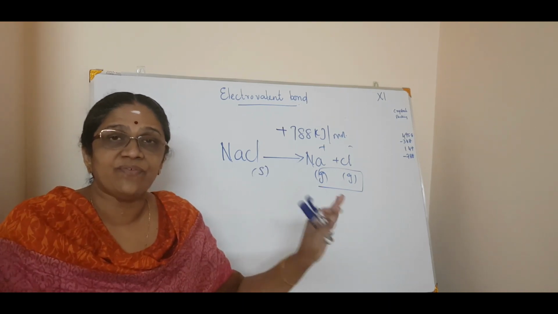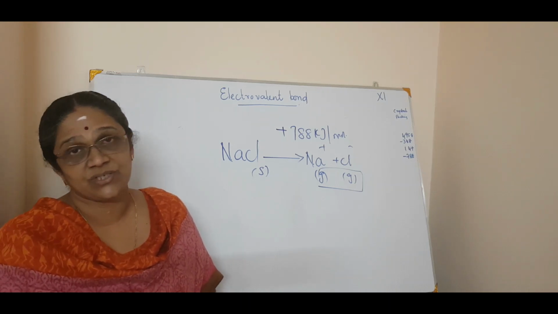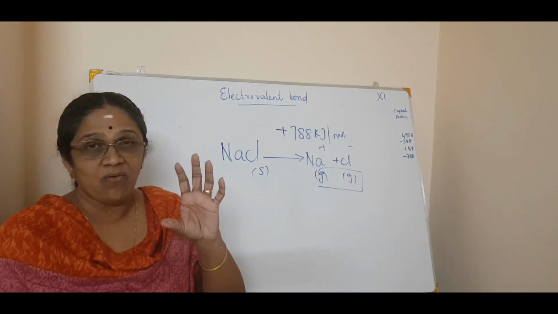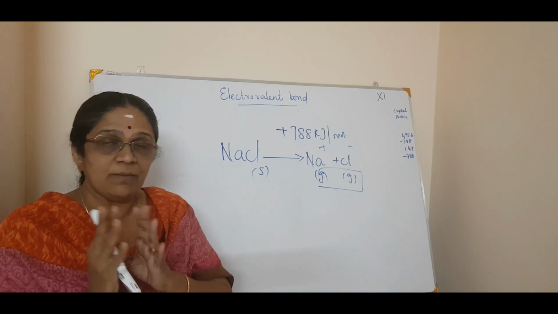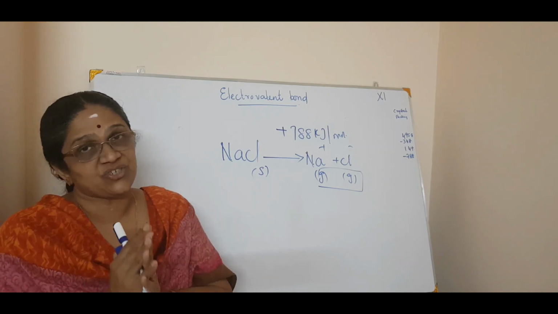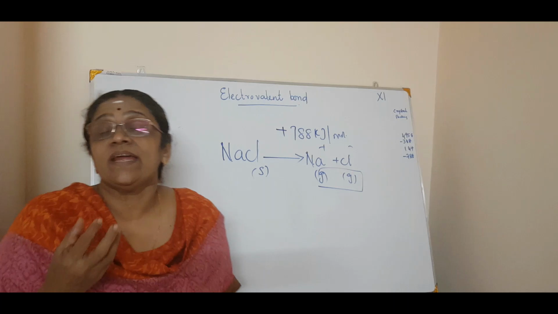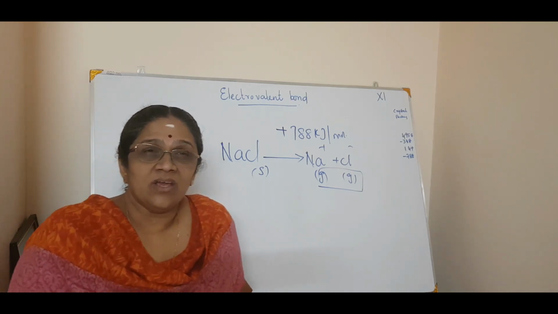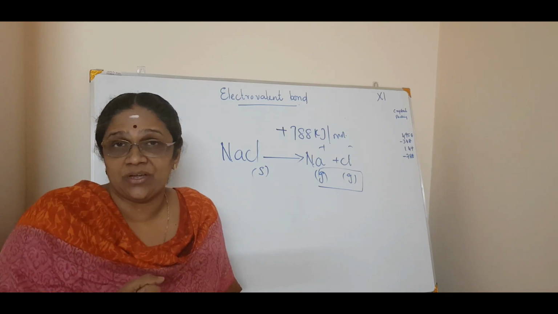So to get to an infinite distance, that energy is called lattice energy. Now you have an idea of what lattice energy is and how the plus and minus change. While breaking, plus; while forming, minus.